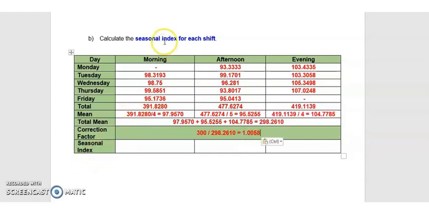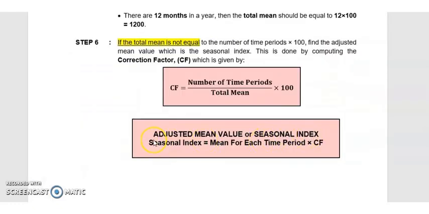Okay, now look at our main objective. We want to calculate the seasonal index. So how to calculate the seasonal index? Seasonal index, or we call it the adjusted mean value, is equivalent to the mean for each time period, meaning the mean for each shift, multiplied by the correction factor.